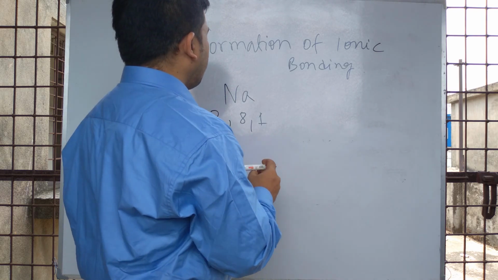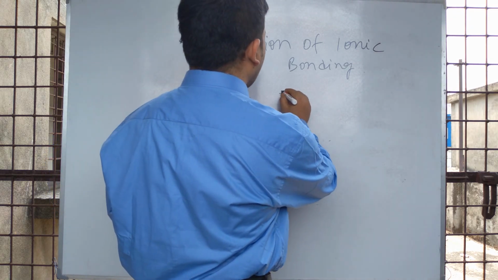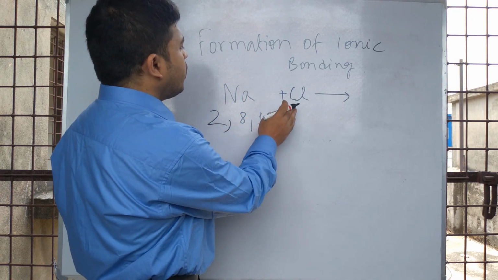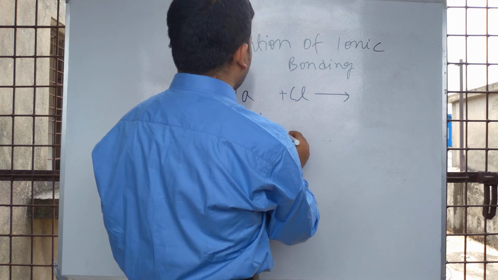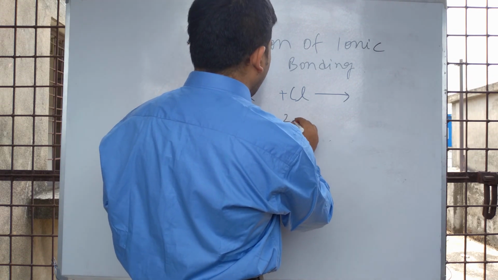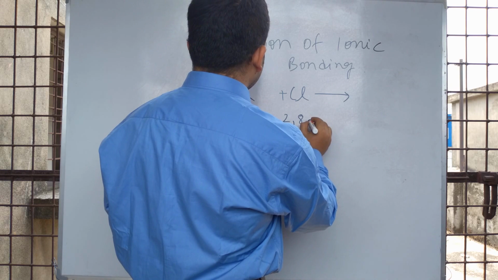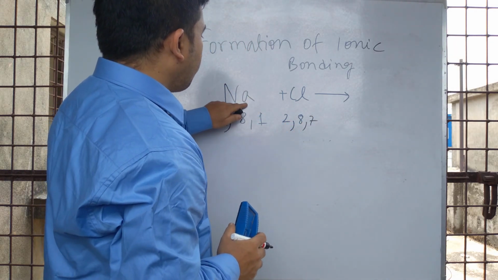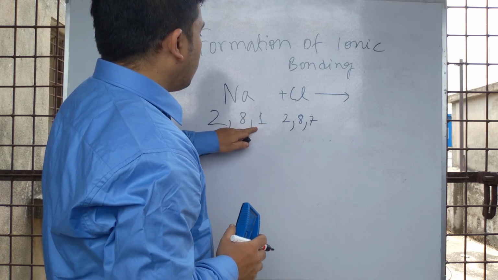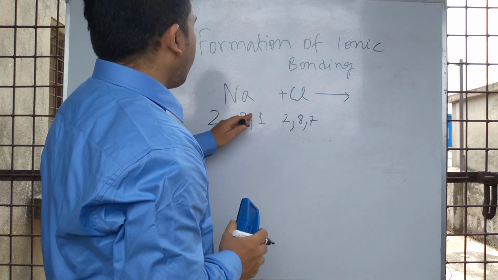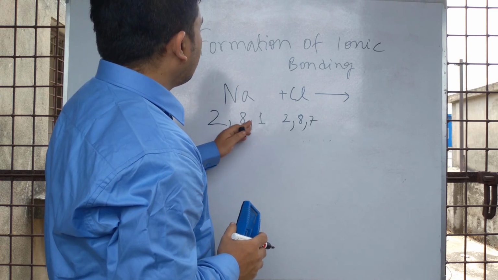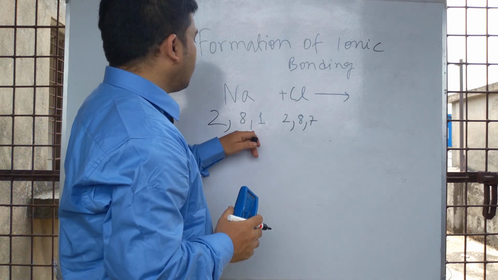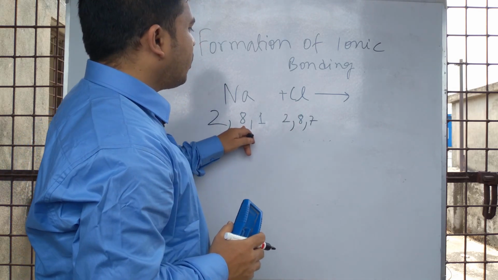And this is sodium metal, and we think about bonding with the element chlorine, a non-metal, which has 2, 8, 7. So we are seeing here that sodium has one surplus electron, and if it loses one electron, it will attain the electronic configuration of the nearest noble gas, completing 8 electrons in its outermost shell.